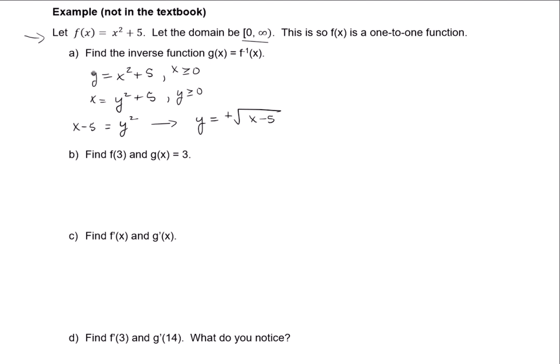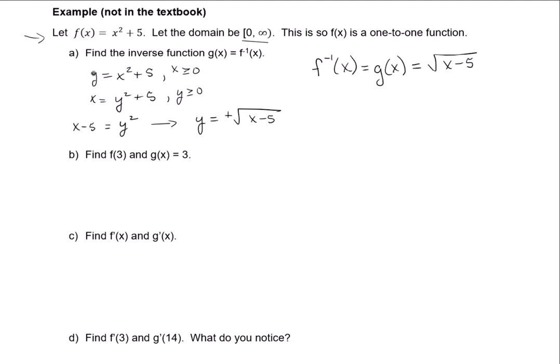And this is f inverse of x. For the sake of this example, to help you keep things straight, we can call this g of x. So g of x is equal to the positive square root of x minus 5.